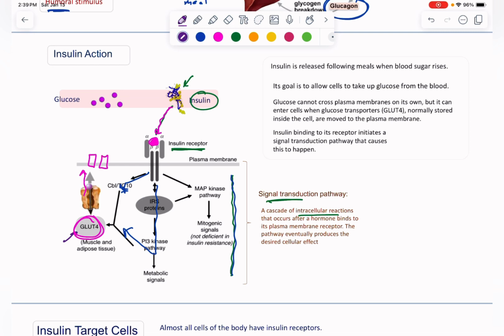And that gives this glucose a pathway to move from the blood inside the cell. So the actions of insulin allow glucose to move from the blood inside the cell. And then again, once it's inside the cell, it's going to be used for cellular respiration and to be converted into ATP.